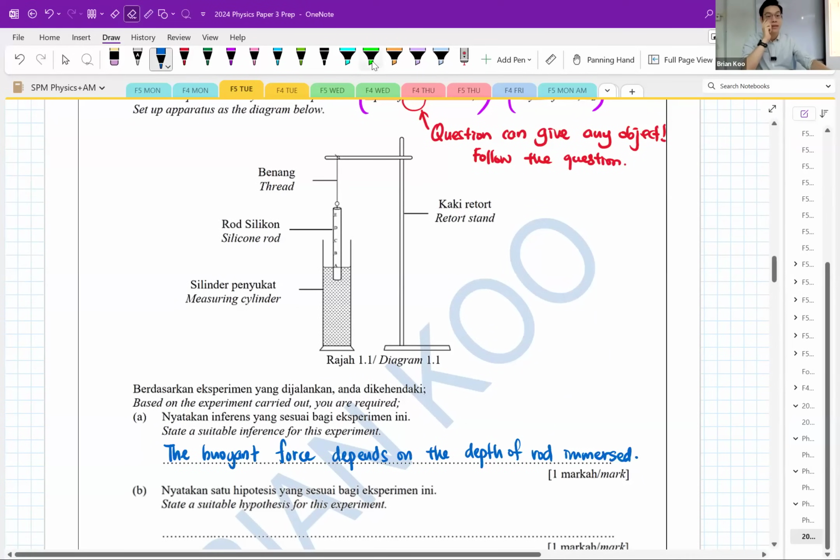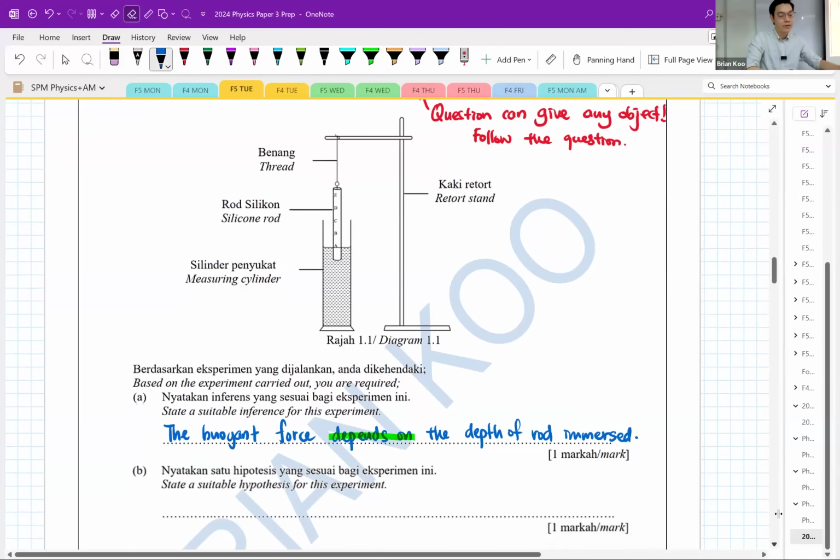Okay. The buoyant force depends on the depth of rod immersed. Then the hypothesis is to make a smart guess. What do you think is the outcome of the experiment?